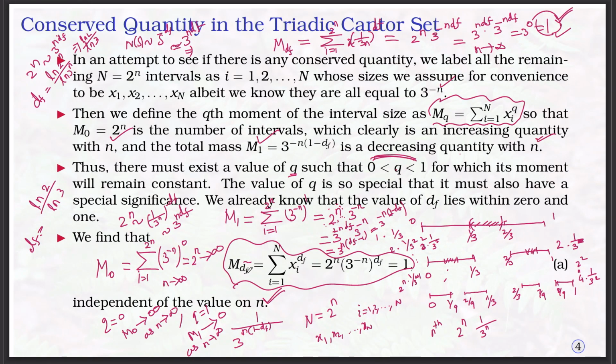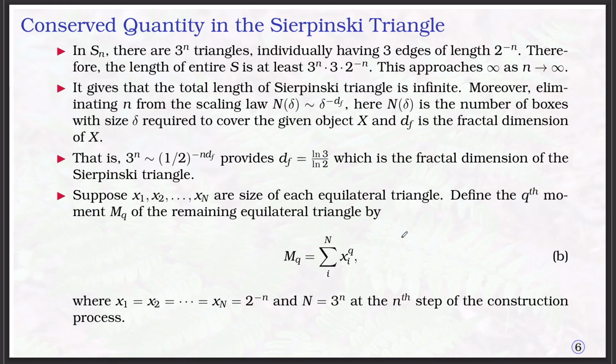So with respect to the df, the moment remains constant. Therefore, this df is the conserved quantity in the triadic Cantor set. This quantity we are calling the fractal dimension of the Cantor set.